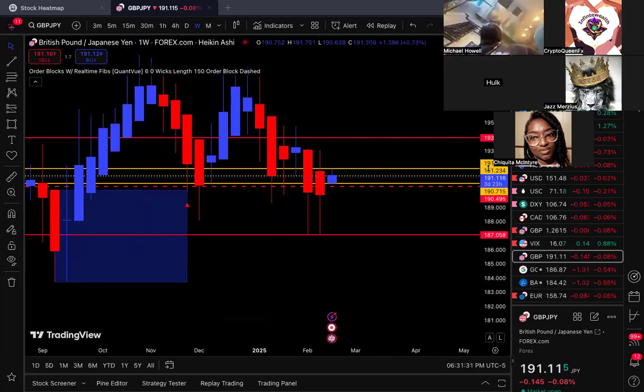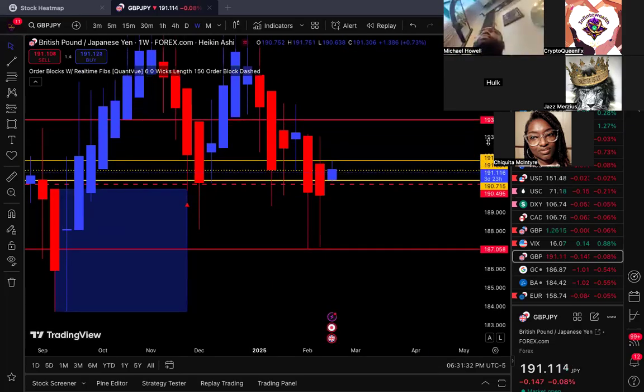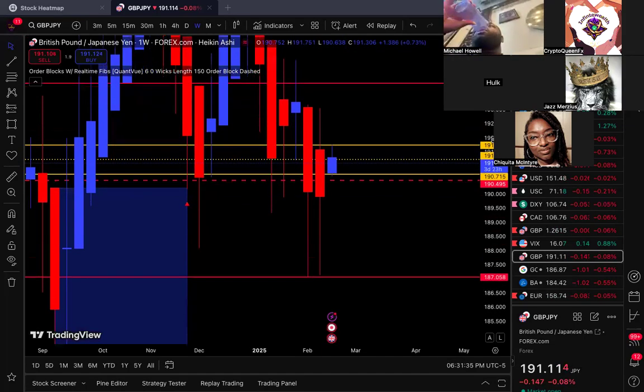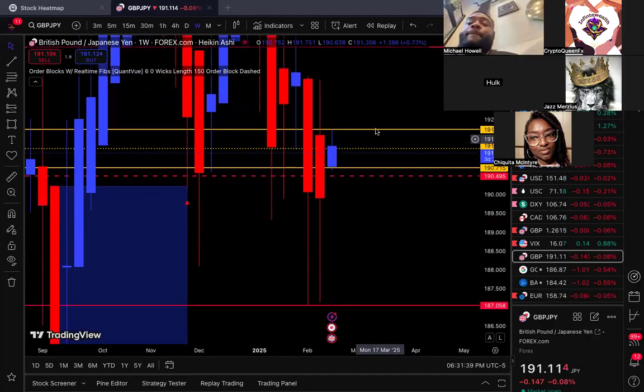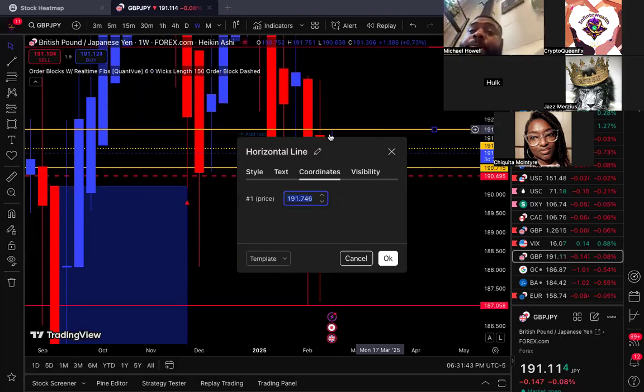Then come to the weekly candle. Same thing. Anytime you're looking at a chart, this is how you should be setting it up. At the beginning of the week, you want to come, do your high, your low, and your midweek.